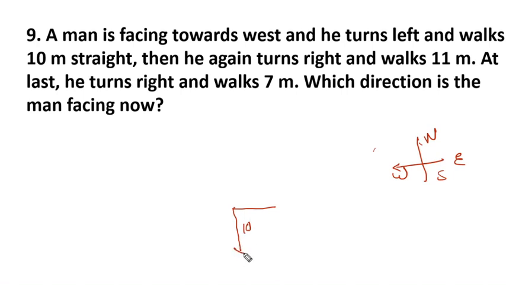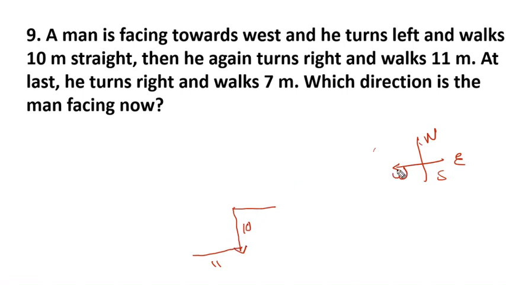So at present he is in this direction. Then he again turns to his right. Go according to the direction of the arrow. So at present he is in south direction. South right will be west again. And walks 11 meters. At last he turns to his right.